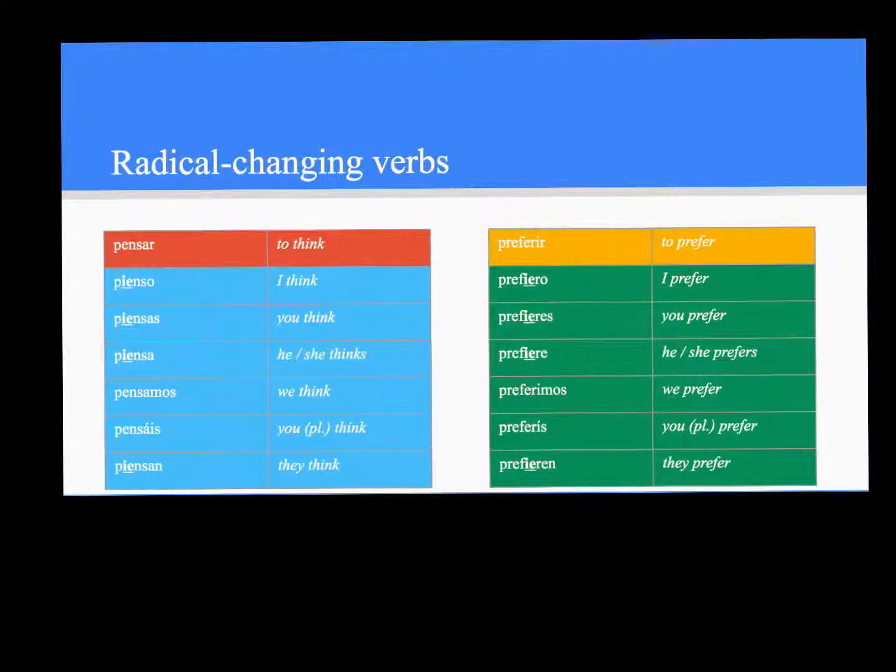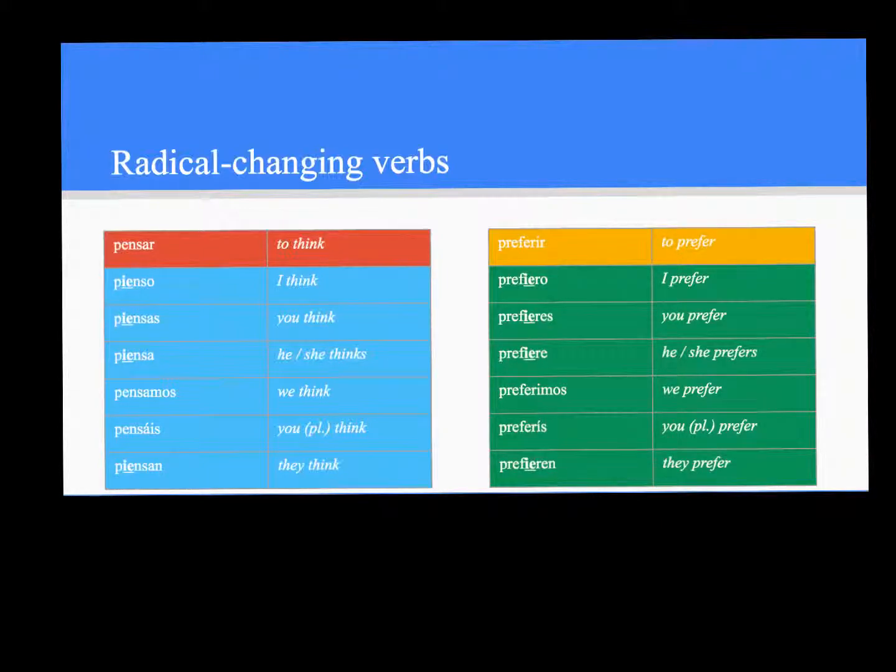When we get into the final person, the third person plural, down here, the they form of the verb, we'll notice that the radical changing vowel has returned as it was in the singular. So the E changes to an IE. Piensan, they think. Prefieren, they prefer.